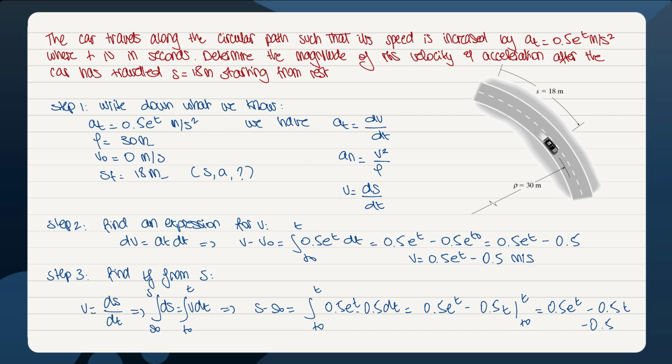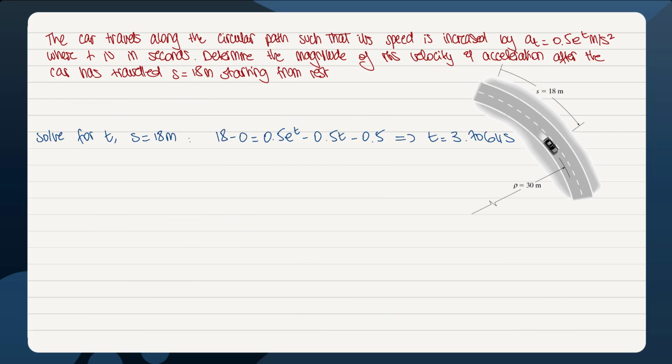Performing the integration, s minus s0 is equal to 0.5e^t minus 0.5t minus 0.5. Noting that s0 is equal to 0 and s is equal to 18, we only have a single unknown in this equation, so we can solve for t. Solving, we get t = 3.7064 seconds.